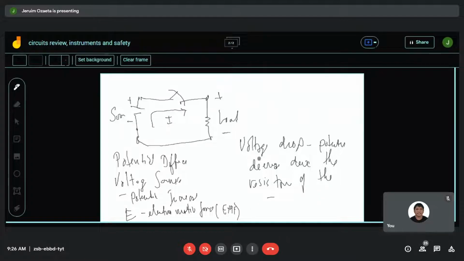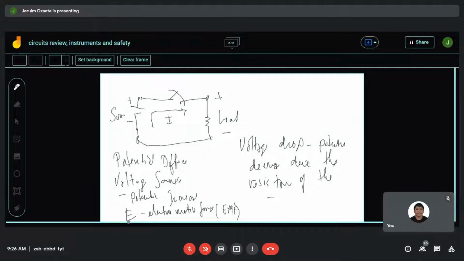When we say voltage drop, the potential drops, of course, and decreases from high to low. That's why we have here from positive to negative. As the current flows through the load or the resistance, the potential decreases.